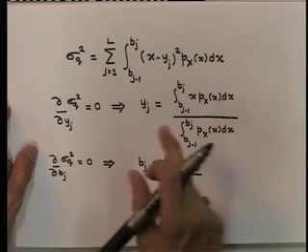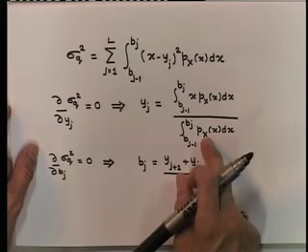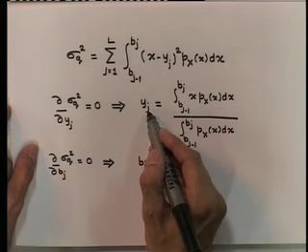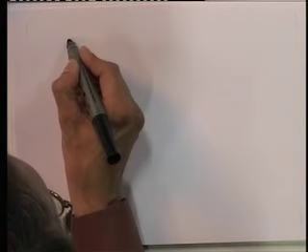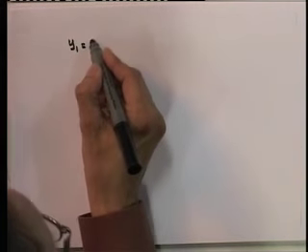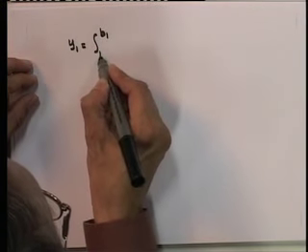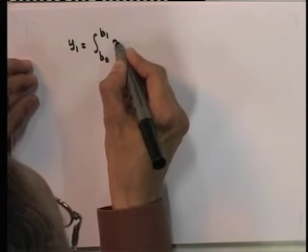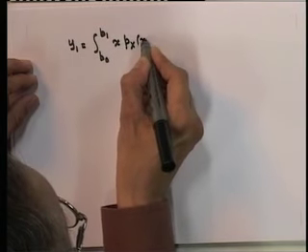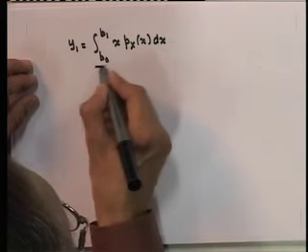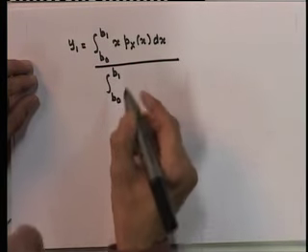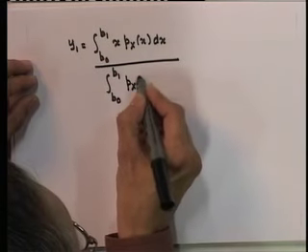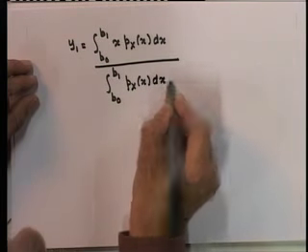So, in this equation let us set j equal to 1. If we set j equal to 1, we get y_1 is equal to the integral over b_0 to b_1 of x p(x) dx divided by the integral over b_0 to b_1 of p(x) dx.